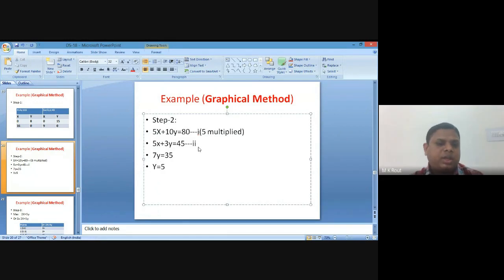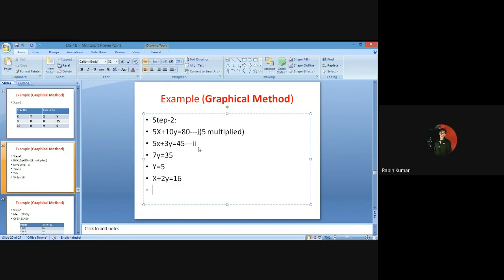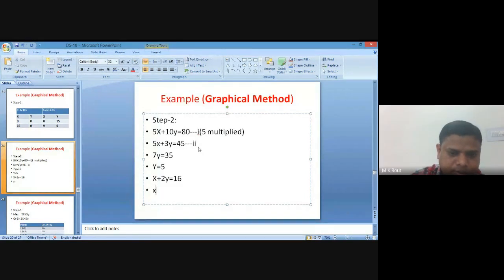So put this value in equation 1, that is x plus 2y equals 16. Here I put the y value: x plus 2 into 5 equals 16.